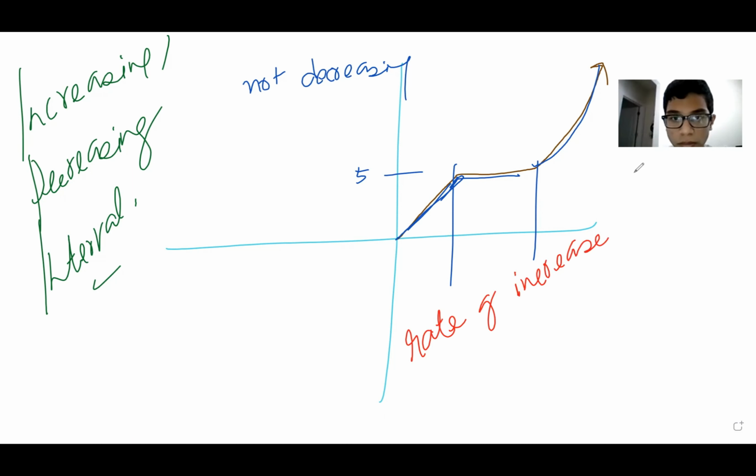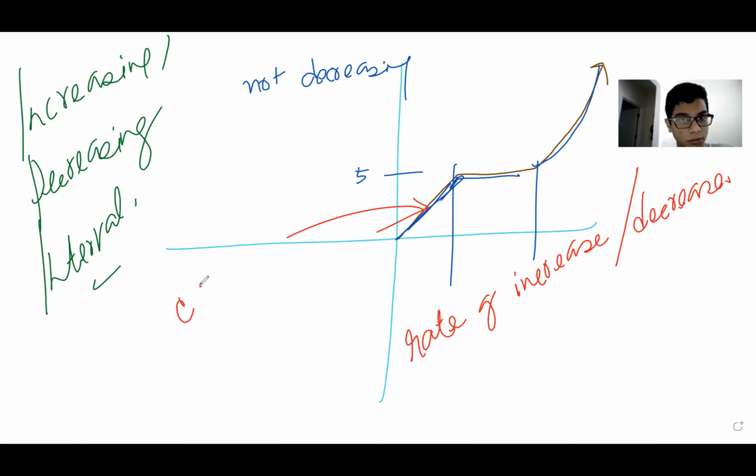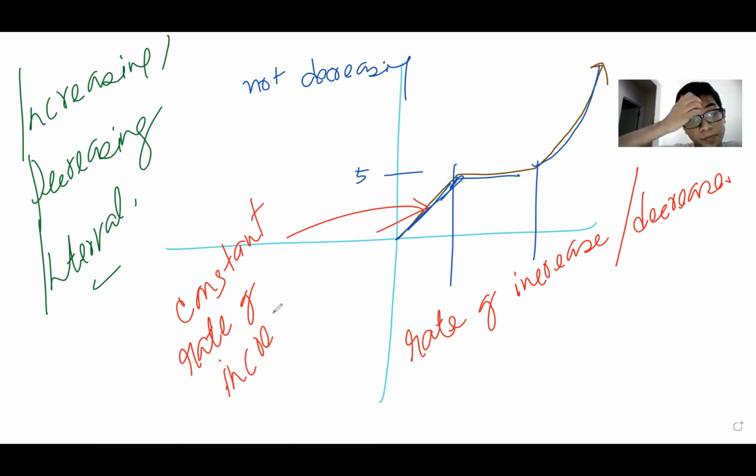Now, this portion has a constant rate of change, and this portion has a different rate of change, right?